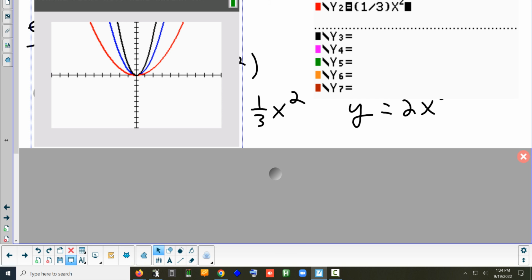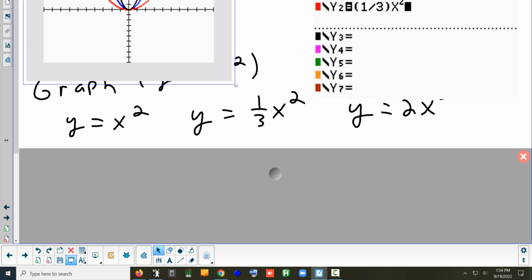Imagine like you had silly putty, right? If you squish it down, what's going to happen to it? It's going to spread out and get wider. So that's the red one. That's a vertical shrink. It got compressed, which caused it to get wider. So depending on what kind of number you put in front will cause it to either stretch or shrink. I showed you one of each.